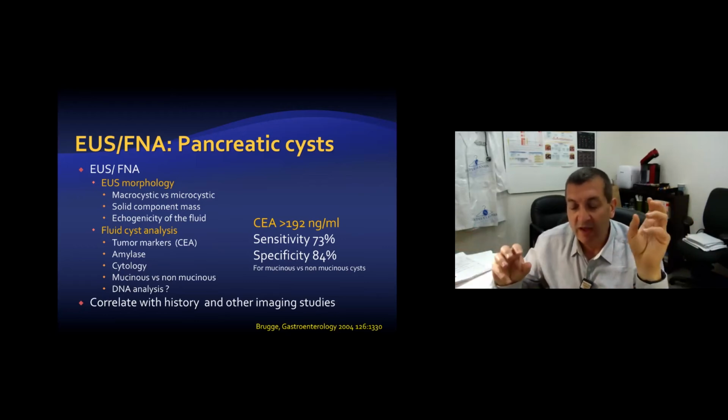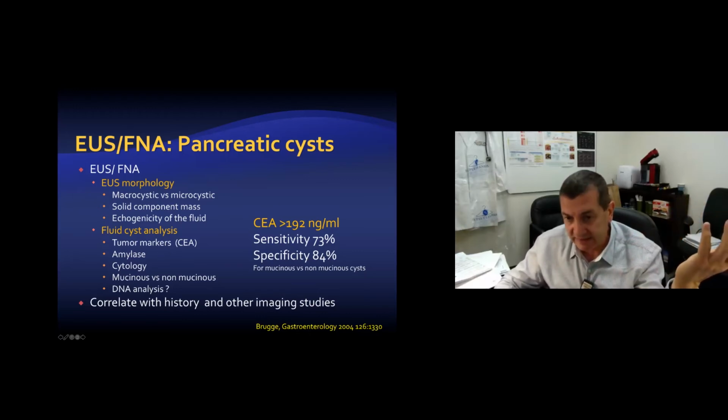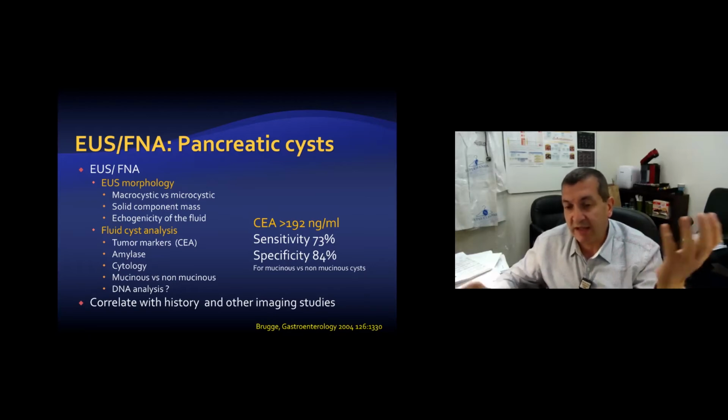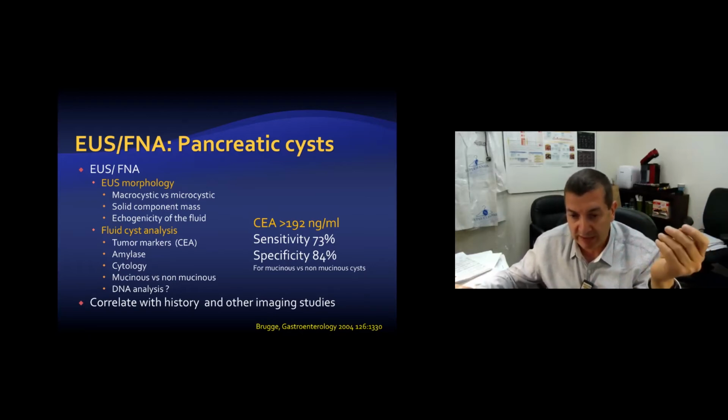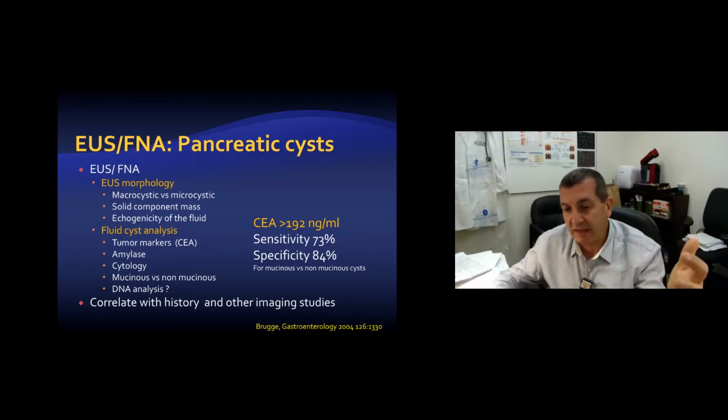For example, if it is a pseudocyst, you would expect the amylase level to be in the thousands, and you expect the CEA level to be almost non-existent, zero. So that tells you, with a little bit of history of chronic pancreatitis or acute pancreatitis in the past, that it immediately puts it into the pseudocyst category.